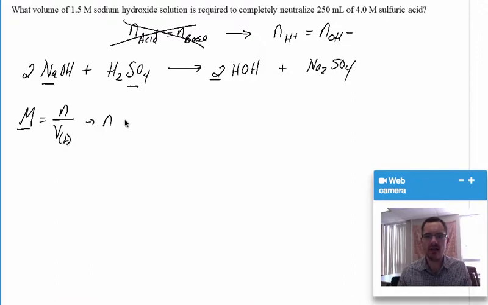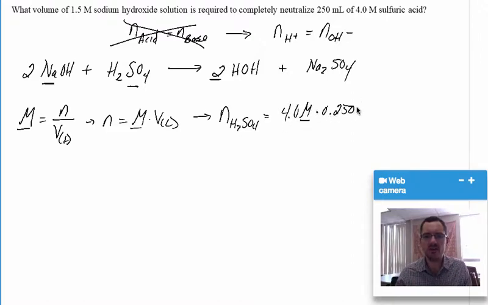So I can simply say that the number of moles is equal to molarity times my volume in liters. So the number of moles of my sulfuric acid will simply be 4.0 molar times 0.250 liters, which is a value of 1.0 moles to 2 sig figs. So this is the number of moles of sulfuric acid I have.